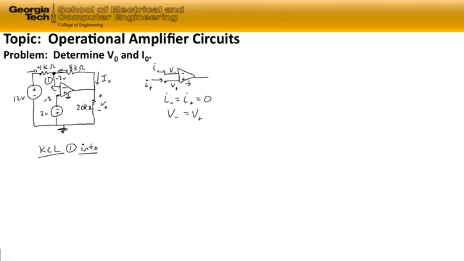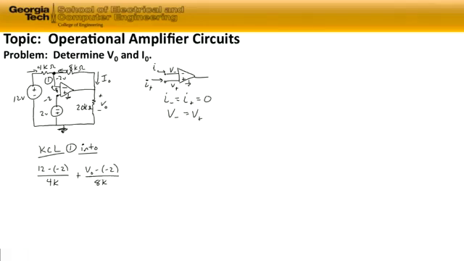Starting with the current through the 4 kilo ohm resistor, it's going to be 12 volts minus minus 2 volts, divided by 4 kilo ohms. That gives us the current through the 4 kilo ohm resistor. We add to that the current through the 8 kilo ohm resistor. It's going to be the voltage at this point, which is Vout, minus minus 2 volts, divided by 8 kilo ohms.